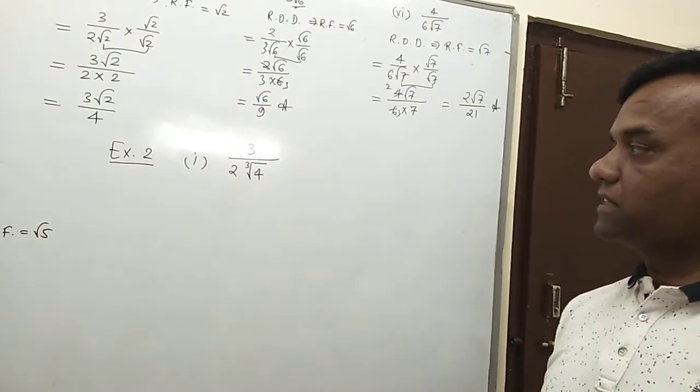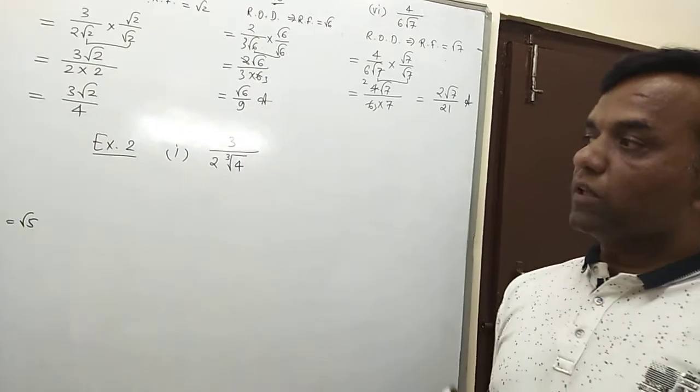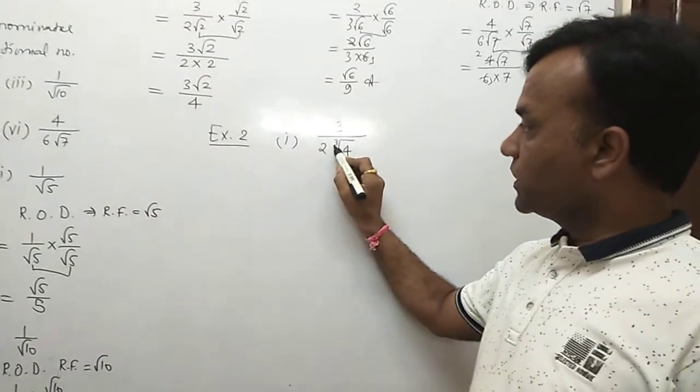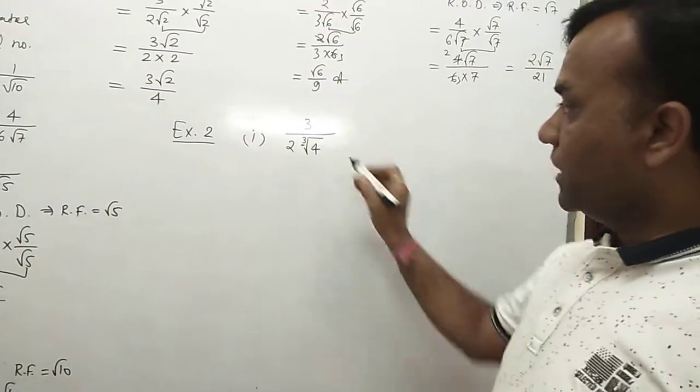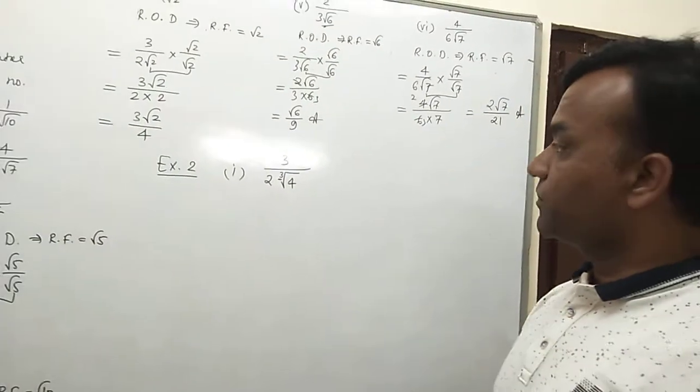You rationalize this number, and now a new concept arises, because the given question is not in this form. What is important here is that a cube root is given, so this power is 3. Again I explain the concept of the rationalizing factor.